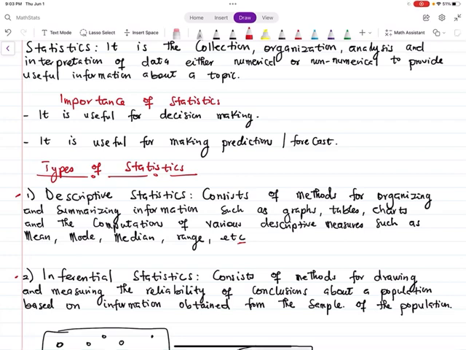And this is also very useful because sometimes it is practically impossible to get the whole population, or sometimes it's very expensive. Let's say that you want to find the average income of people living in China, or the average income of people living in India.